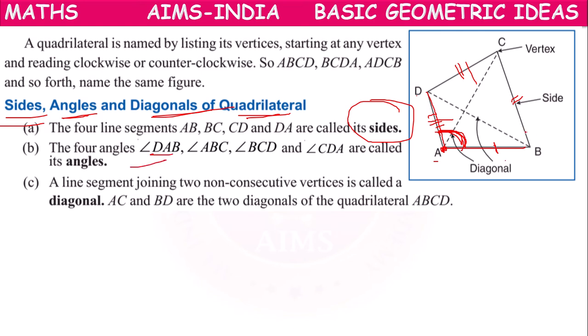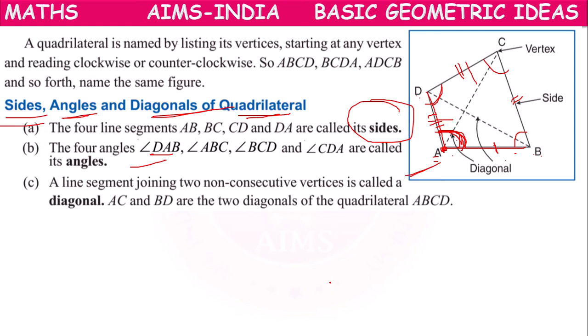In the same way, at B also, CBA, BCD, CDA. This is the first angle, DAB, or we can also call it BAD. We can name it in any way, but it represents the same angle.